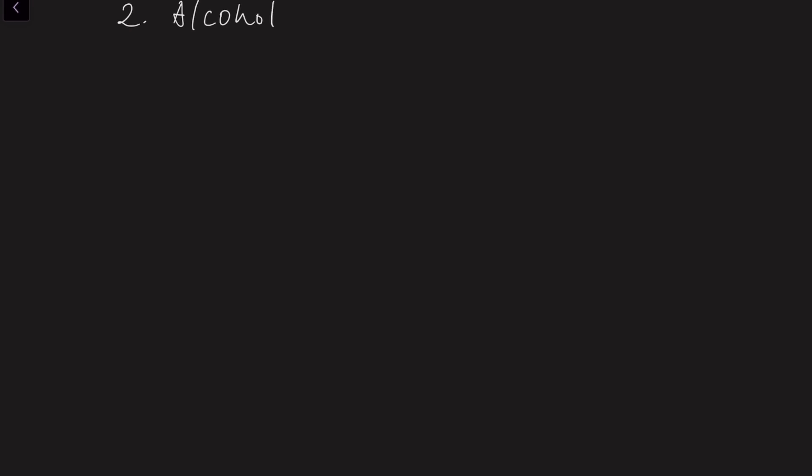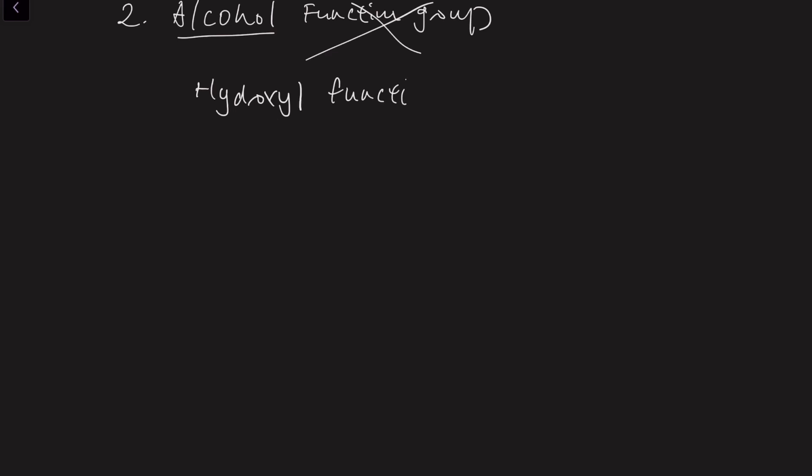But this is actually incorrect naming. So many students in the exam, they write it as alcohol functional group. So this is incorrect. It is actually called hydroxyl functional group. So this is the correct naming.